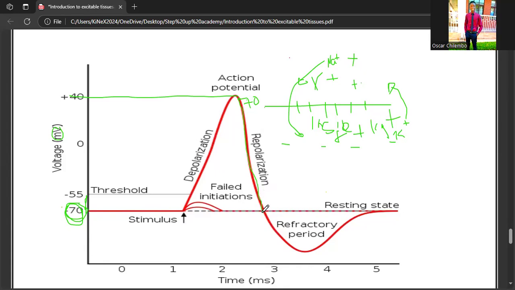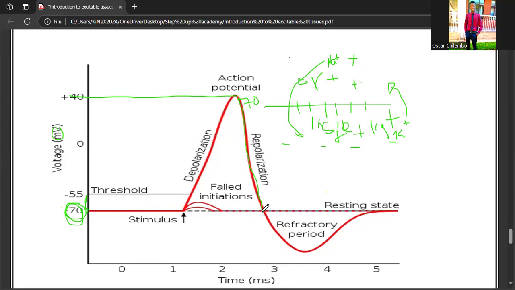Repolarization is due to the opening of potassium voltage gated channels as potassium moves outside the cell, making inside more negative. Are we okay there?